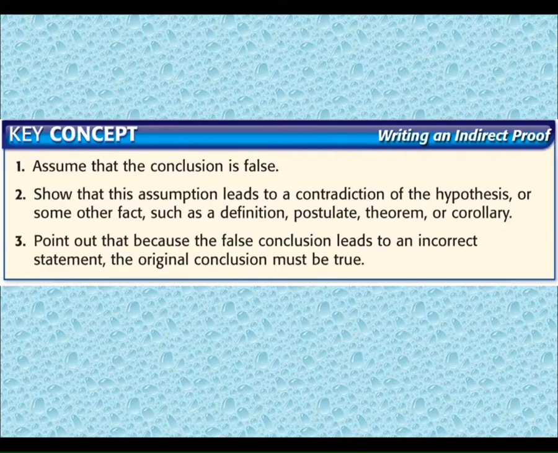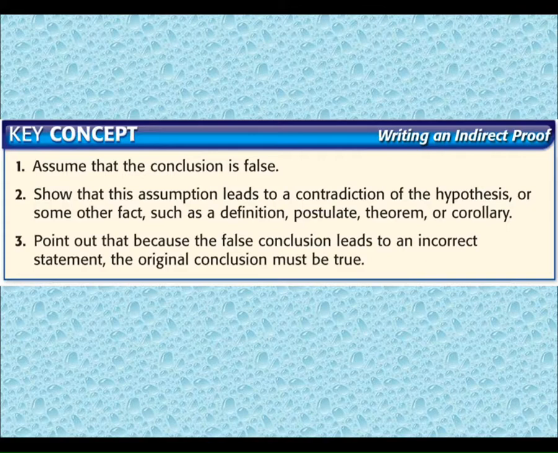And then we're going to show that this assumption leads to some contradiction of the hypothesis. The hypothesis is our given information. Or some other fact such as a definition, theorem, postulate, or corollary. That we get something that doesn't make any sense when we assume this. So then we point out that because we got a false conclusion, it leads to an incorrect statement. The original conclusion is true.